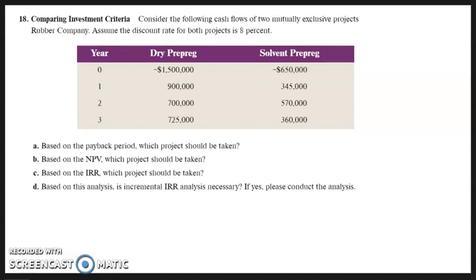So this would be your CF0, C01, C02, C03. To calculate, you go to the NPV function and compute the payback period. And the payback period for DP is 1.86 years.